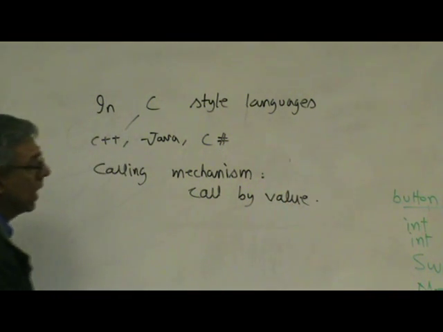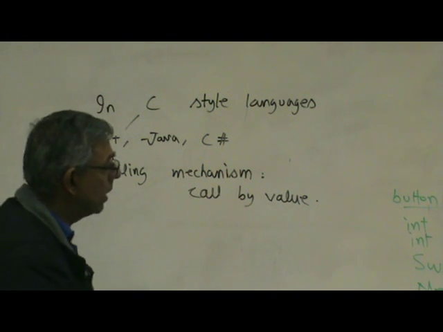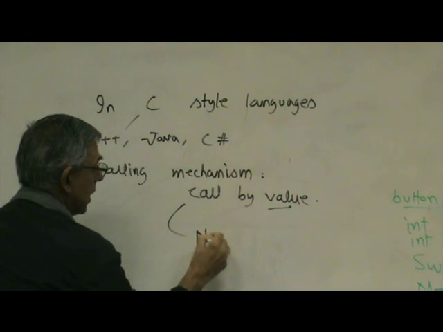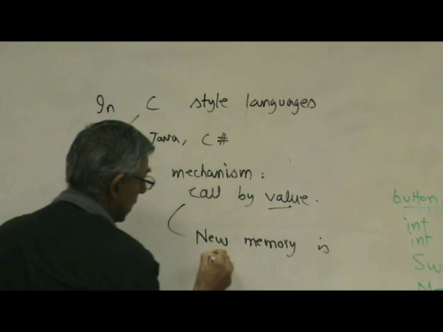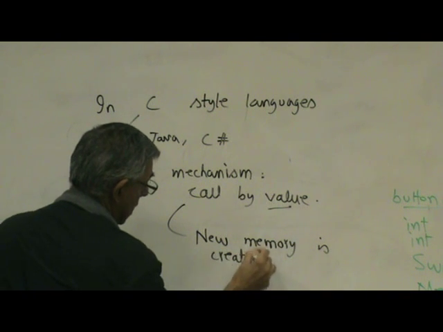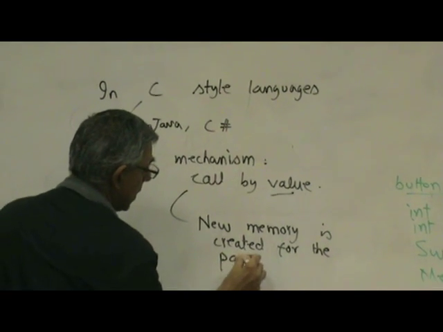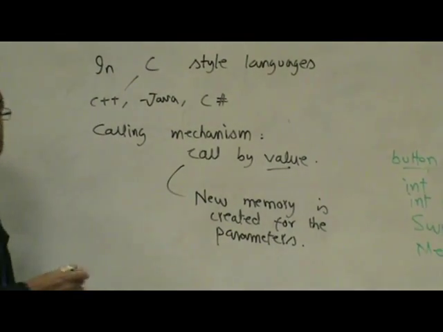What exactly do we mean by call by value? In call by value, a new memory is created for the parameters, and then we copy the data from the corresponding arguments into the new memory.